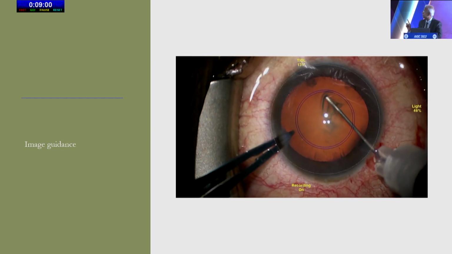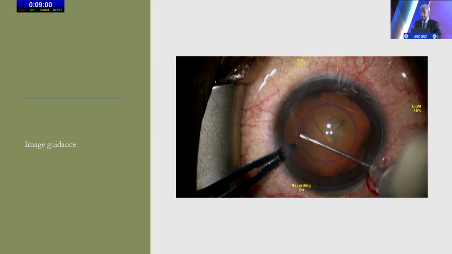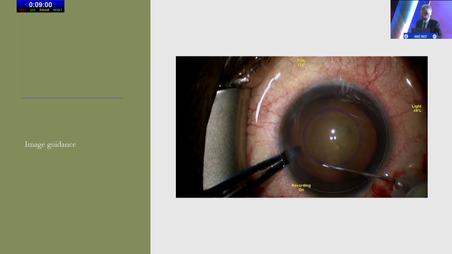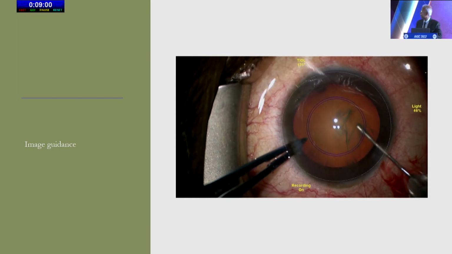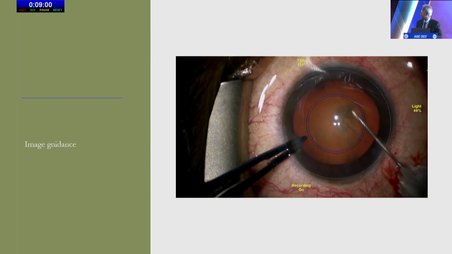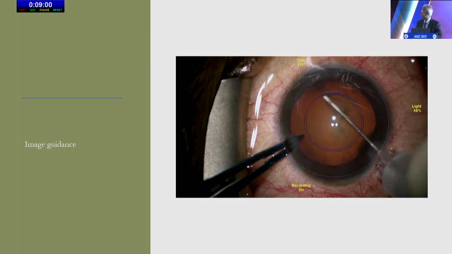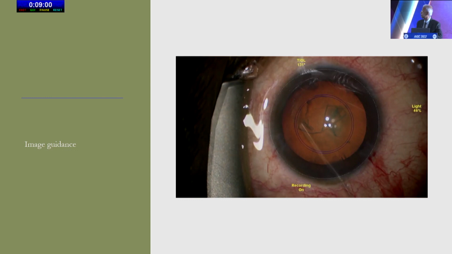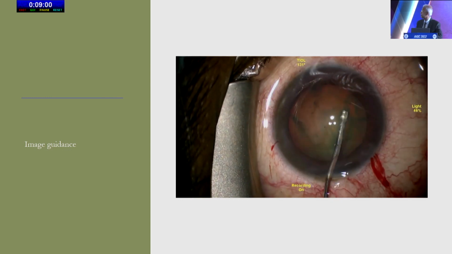So you have this ability when you use an optical biometer, you can transfer the images to the microscope. It will tell you where to do the rhexis, where to do the incision. So you get a perfect incision.